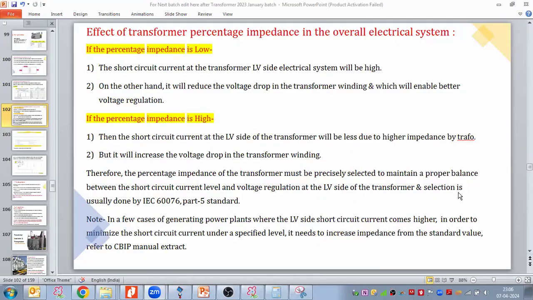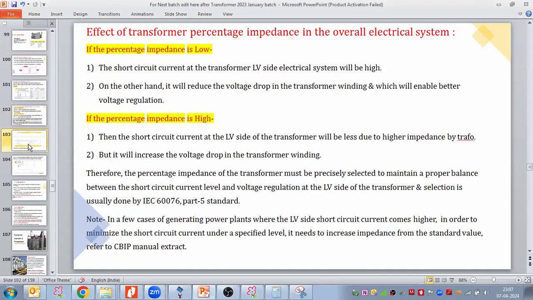The selection is usually done by the IEC 60076 Part 5 standard. But if my short circuit current is getting too high, in that case we have to modify the percentage impedance. In a few cases, particularly in a generating power plant where the LV side short circuit current is higher, in order to keep the short circuit current under a specific level, the impedance needs to be increased from the standard value.